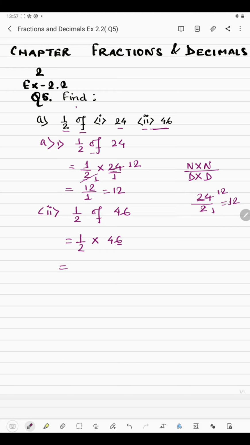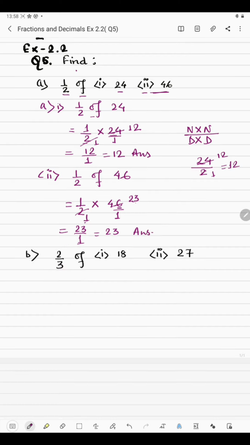So if we divide this, 2 ones are 2 and here we will consider 1. So 2 ones are 2 and 2 twos are 4, 2 threes are 6, means 23 twos are 46. Now if you multiply the numerator, we will get 23 by 1 is 23 and 1 by 1 is 1. So 23 by 1 means 23. So the answers of part A are 12 and 23.